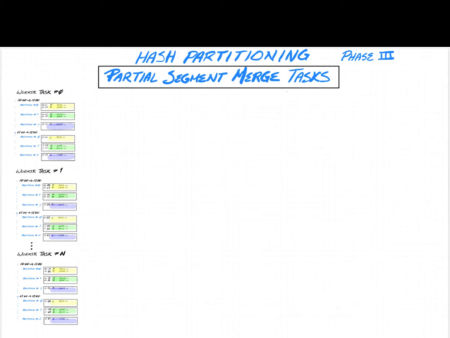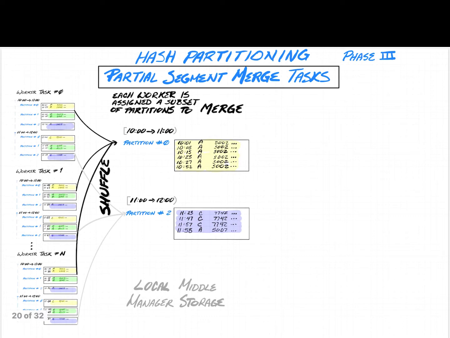So in this final phase, the partial segment merge tasks, each worker is assigned a subset of time chunk partitions from the results that all of the workers did before, and it will communicate with the other workers to shuffle the rows that correspond to the time chunk and partition that it's working on, or the multiple time chunks and partitions that it's working on.